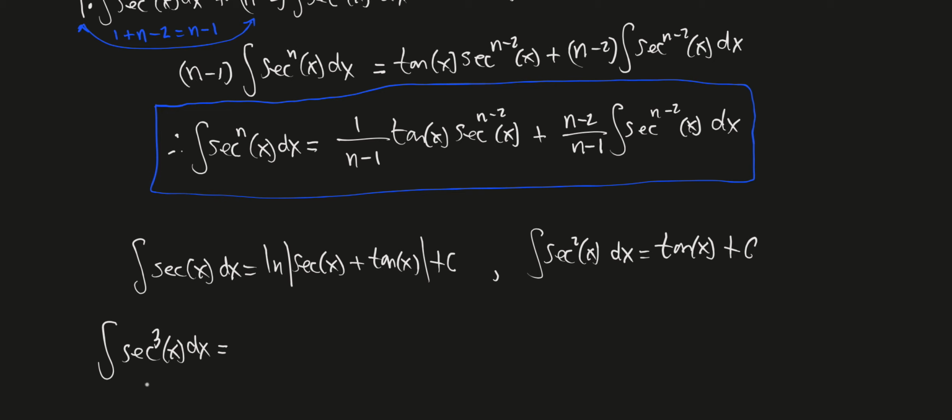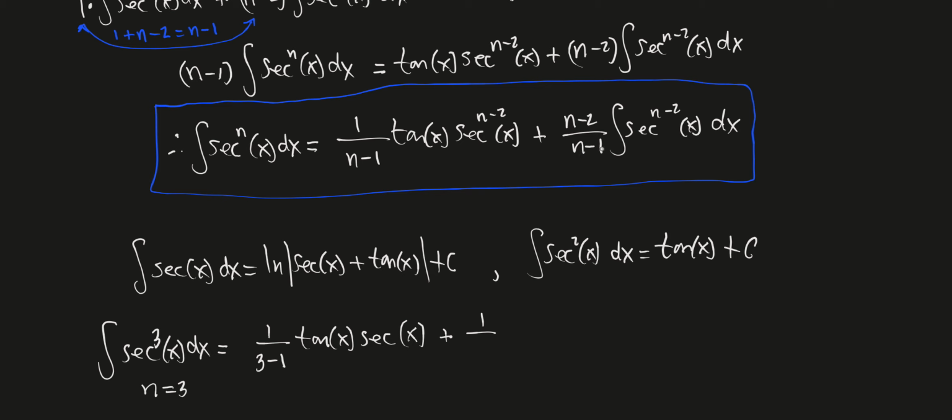Because in this case n is equal to 3, so my reduction formula tells me to do this: 1 over 3 minus 1 times the tangent of x raised to the, now again, when n is equal to 3, when you subtract 2, you're just left with the power of 1. So we have that. And then plus, again, when n is equal to 3, this numerator is 1.